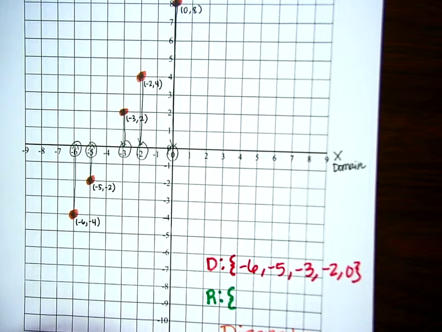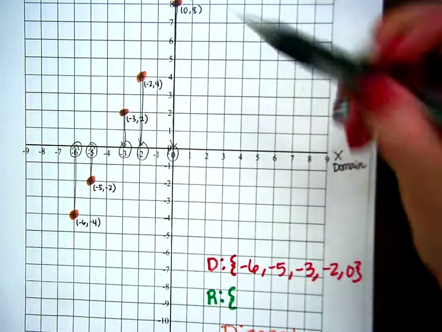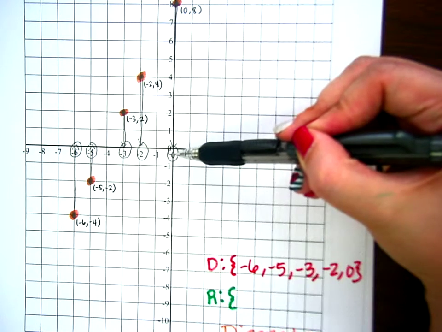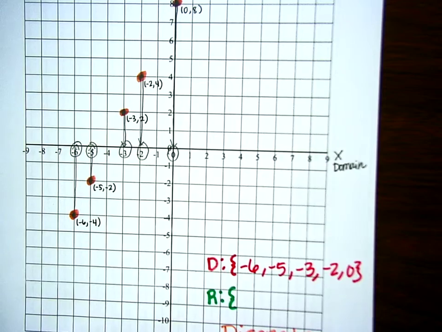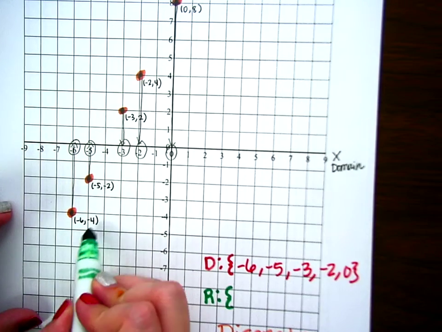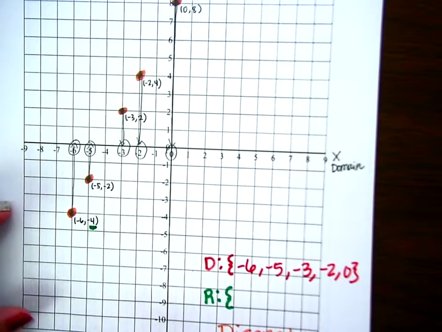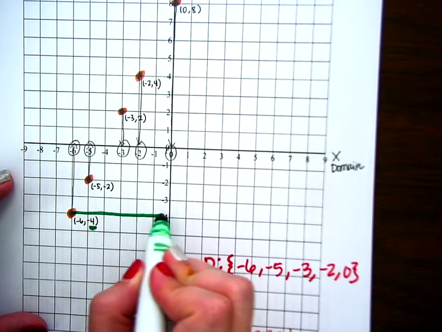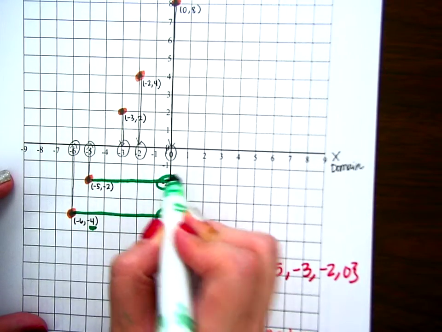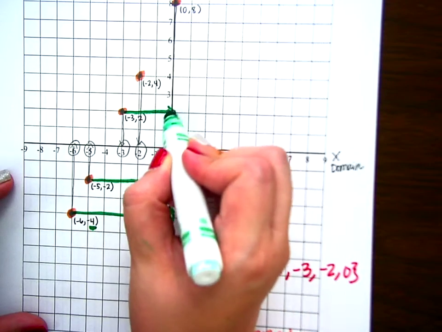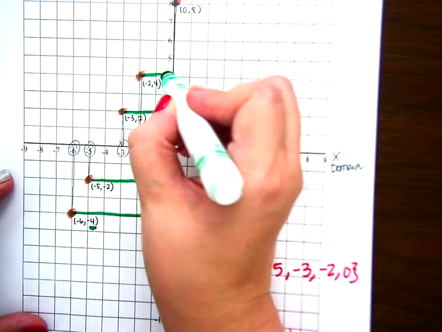Okay, so now looking at the range, instead of going to the x-axis, I'm now going to go to the y-axis. I'm going to take that same point, and I'm really just looking at the y-coordinate, and I'm drawing lines to the axis so I can see what all the y values are.